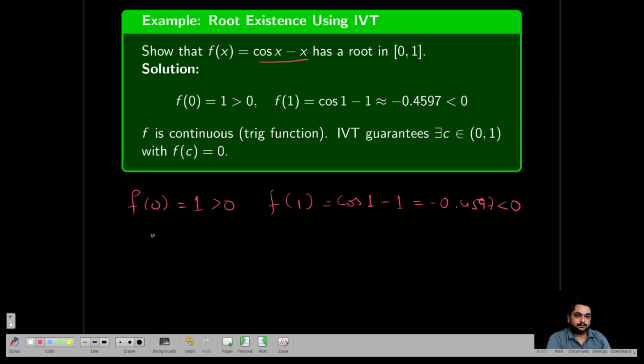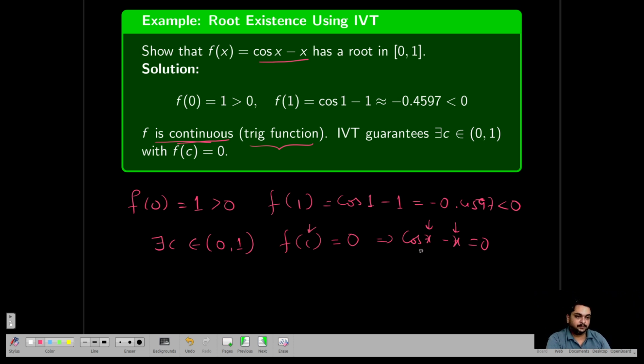So that means f is continuous because the trigonometric function is continuous. Then the IVT, the intermediate value theorem, guarantees there exists c that belongs to 0, 1 such that f of c is equal to 0. That means cos x minus x is equal to 0 for some value of x. That is what we are saying, this c.